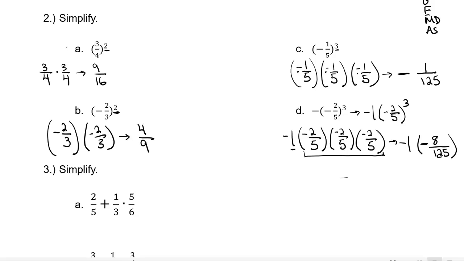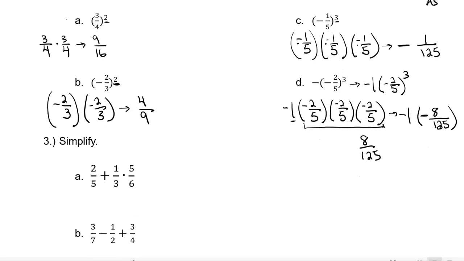And now I have a -1 times a -8/125. So that means that my final answer is positive 8/125, or 8 125ths.